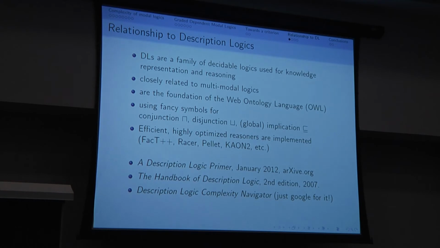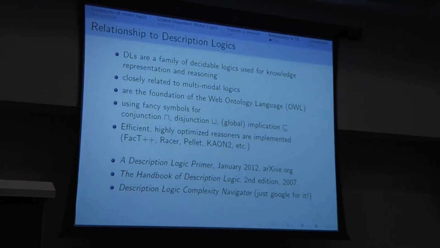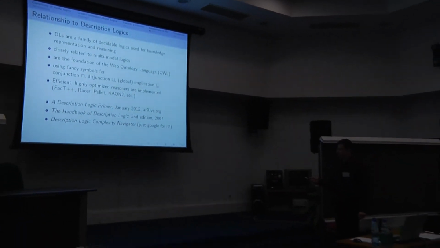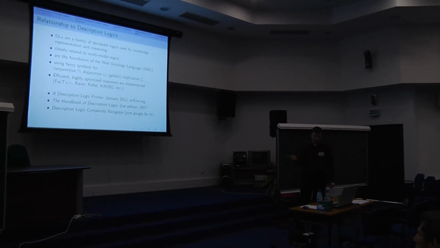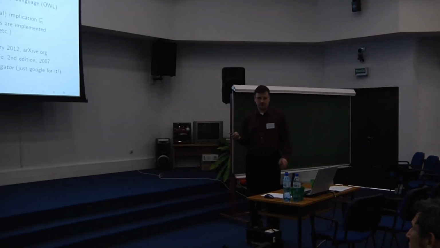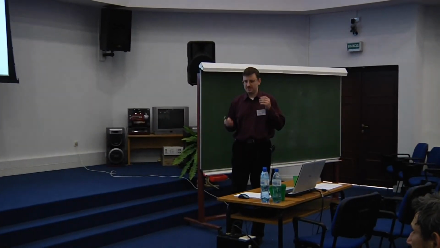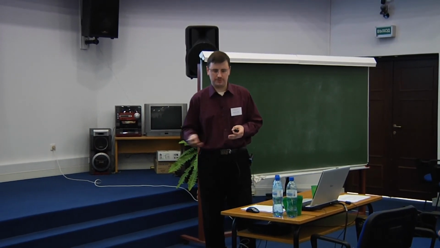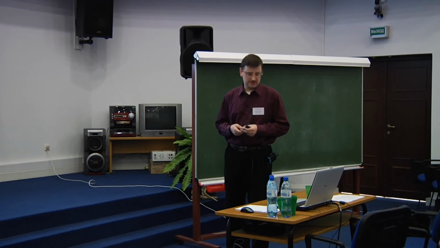For those who didn't encounter description logics before, just 2 weeks ago, a paper called Description Logic Primer appeared on arXiv.org. It's a paper for those who have never heard of description logics, just to introduce you to this area, what it's all about and how it's all related to our reasoning.